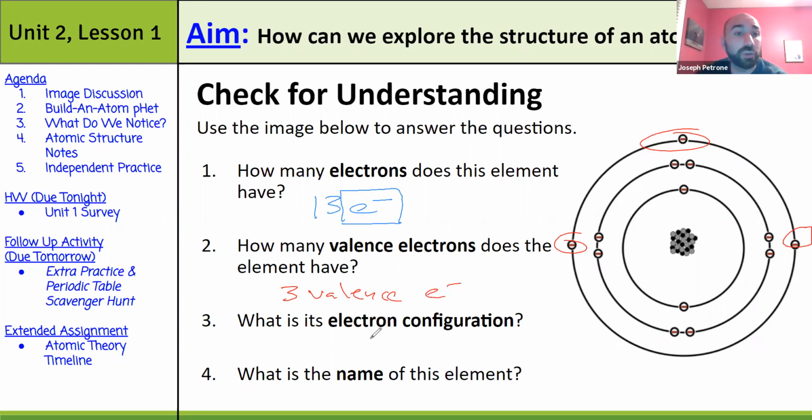What is the electron configuration of this atom? We're starting with the electrons on the inside ring and then going out. The first ring has 1, 2 electrons. The second ring has 2, 4, 6, 8 electrons. And then the final ring, as we mentioned, has 3.